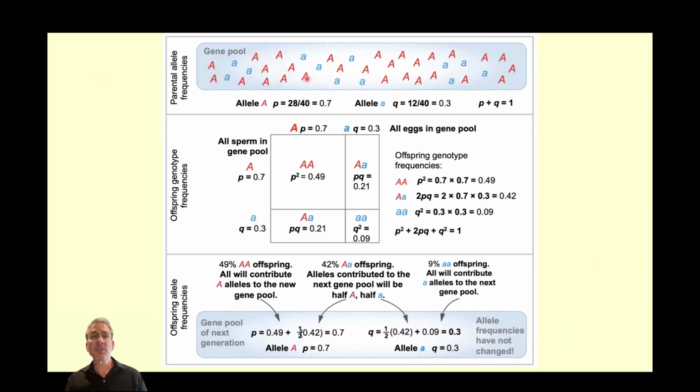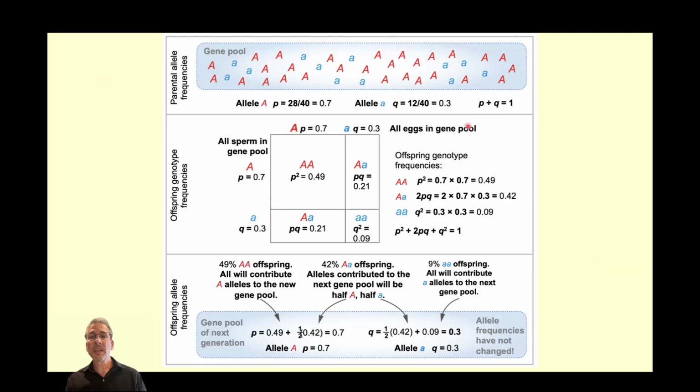So 20 individuals, you have a total of 40 alleles in this population. Let's say 28 of those 40 alleles are the dominant version, capital A, and 12 are the recessive version, lowercase a. That gives us an initial frequency for the dominant allele of 0.7, and the recessive allele of 0.3.